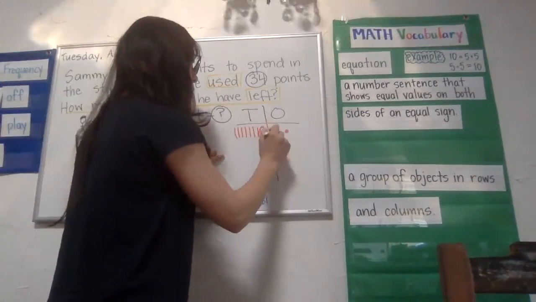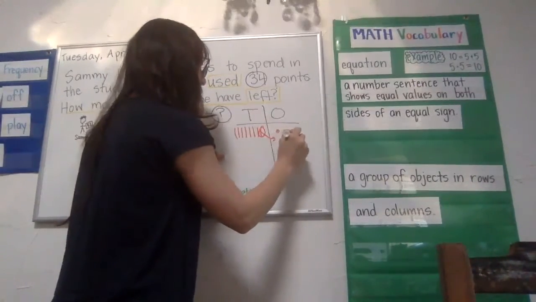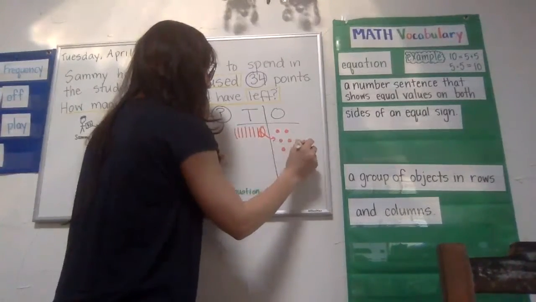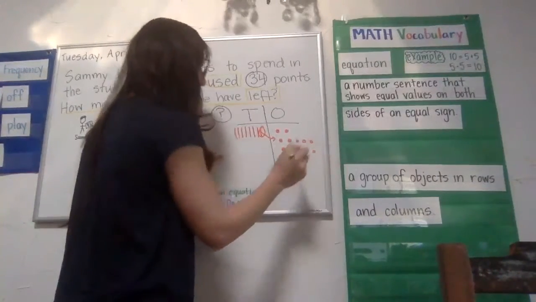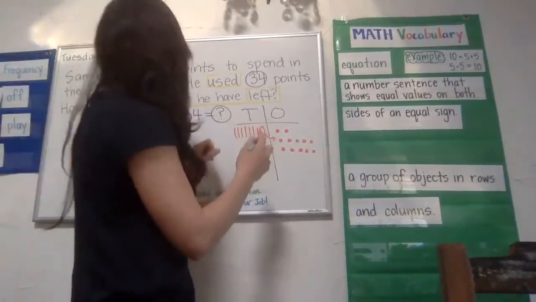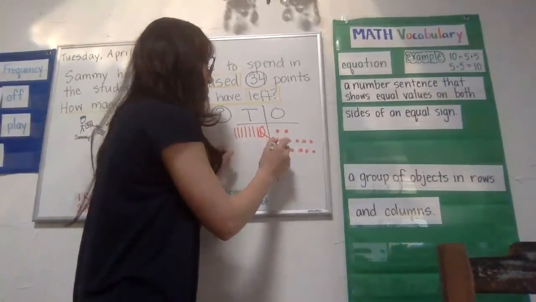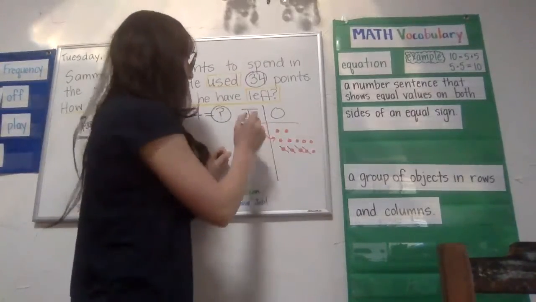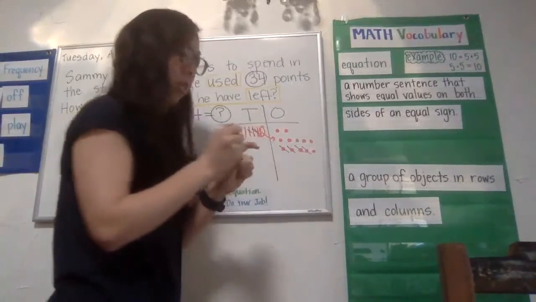So I'm going to move that over and let's have my 1, 2, 3, 4, 5, 6, 7, 8, 9, 10 ones. So that's gone. Now I can do my job. I need to subtract 1, 2, 3, 4 ones and 1, 2, 3 tens.